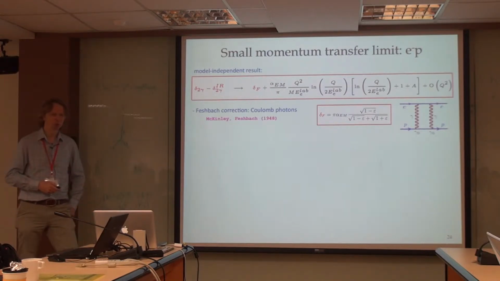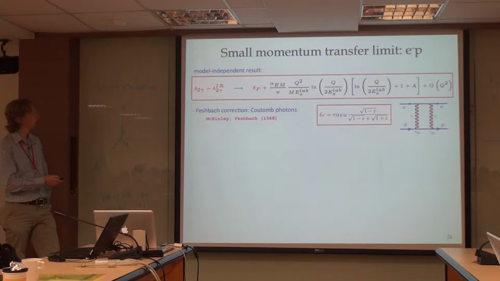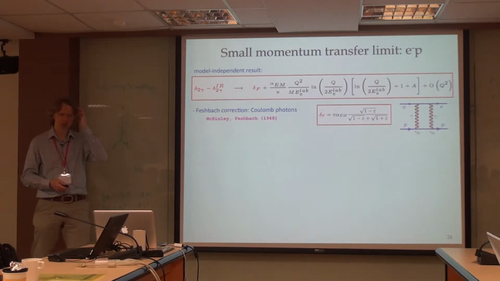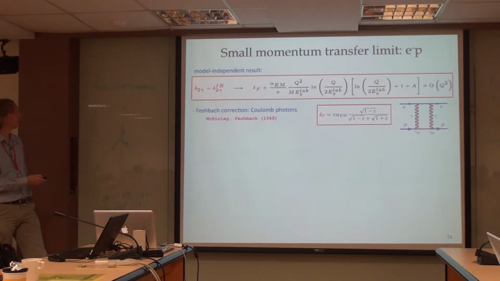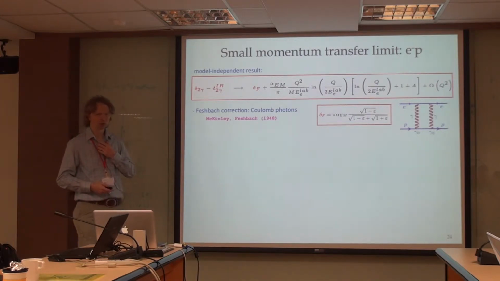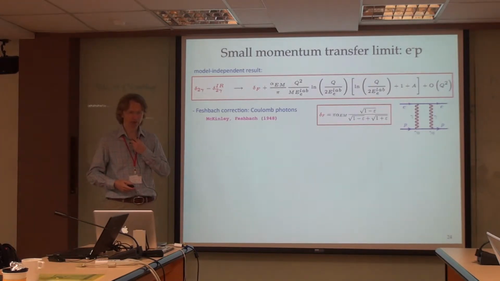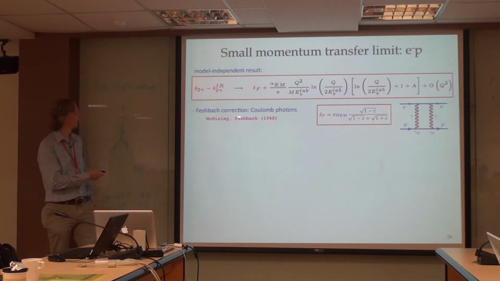But there are some things which one can say model independently. If we go to very small Q squared, so typically 10 to the minus 3 GeV squared, where experiments are being done to extract the radius, this 2 photon correction factor to the cross-section can be split in a part which is well calculated, which is here called delta 2 gamma infrared.